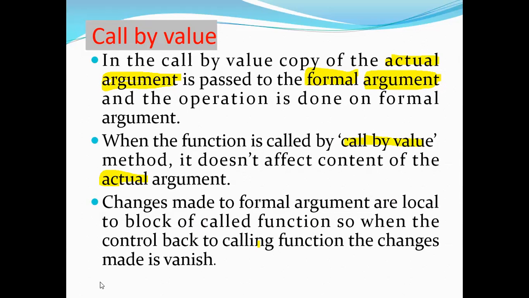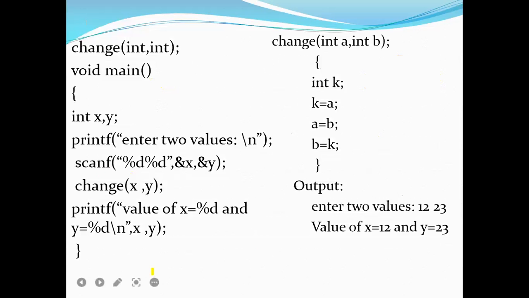Let's see one example of call by value. First is the declaration part: void change, within brackets, int, int. That is passing a parameter; the type of the passing parameters is integer. We are passing two parameters.